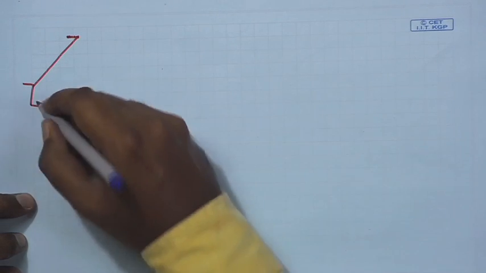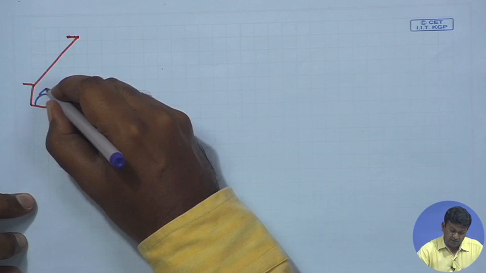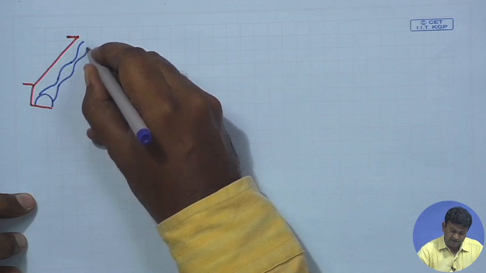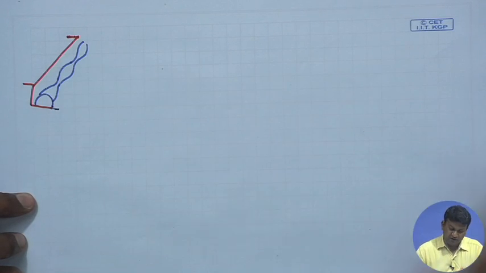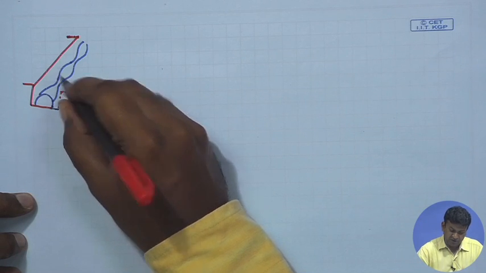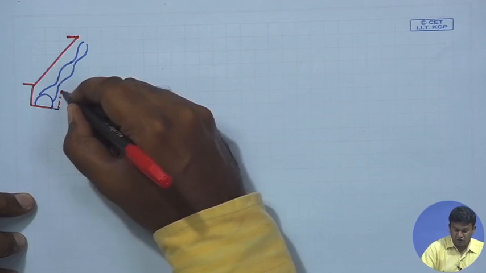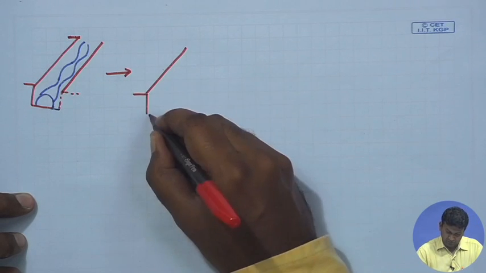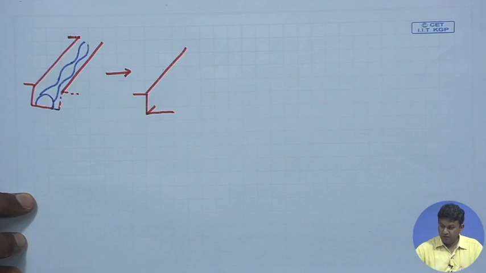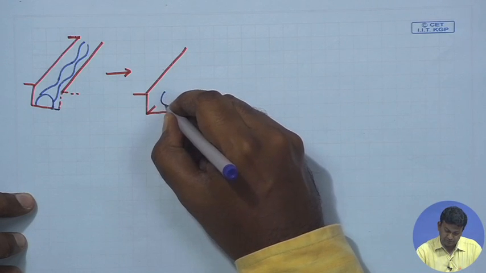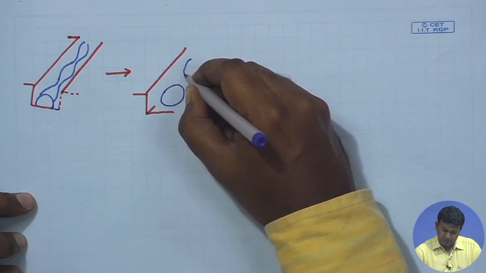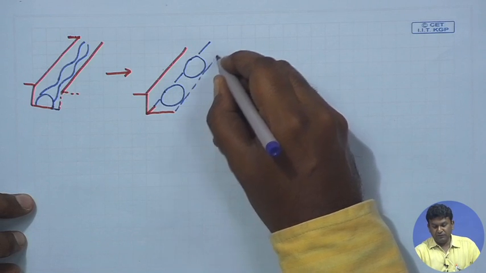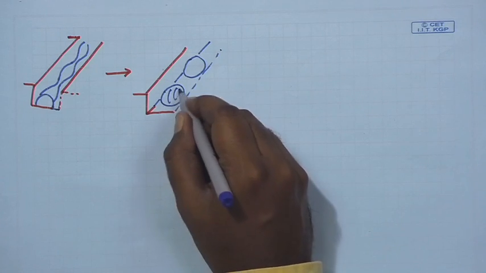So, here you have a solution thread, and this solution thread becomes unstable following Rayleigh instability, and it results in isolated droplets of the solution layer, where eventually the solvent evaporates away and the solute deposits.